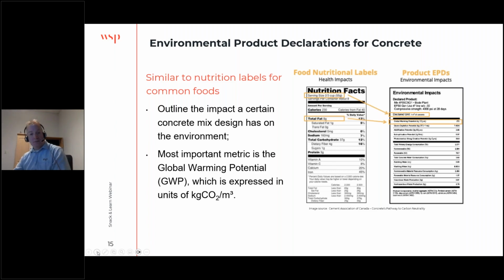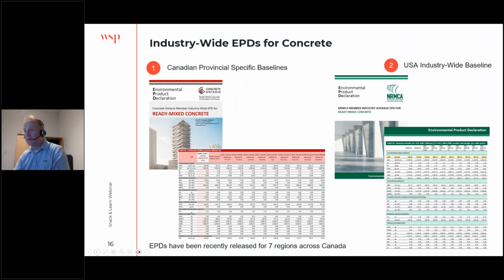And some ready-mix concrete manufacturers have actually undertaken investment in producing product-specific EPDs from various batch plants. These are typically available on their websites, but in various regions, the ready-mix concrete associations in both Canada and the United States have actually developed regionally specific environmental product declarations, for which they've solicited data from several different manufacturers and put together basically industry-wide averages.